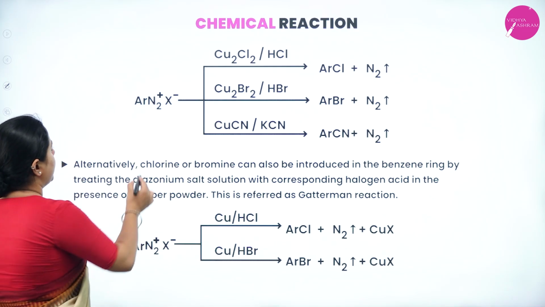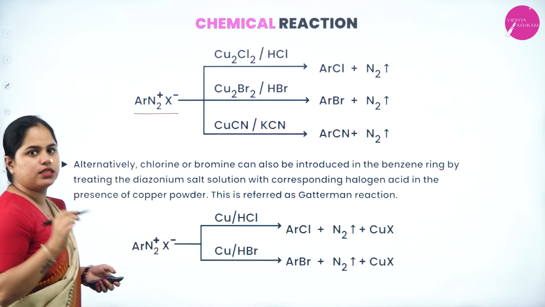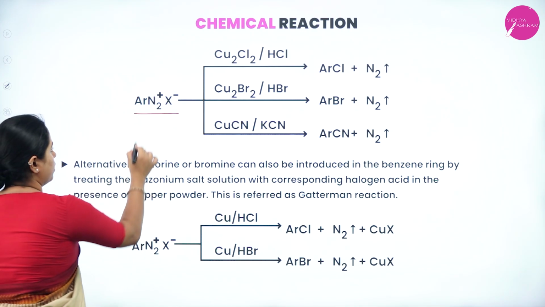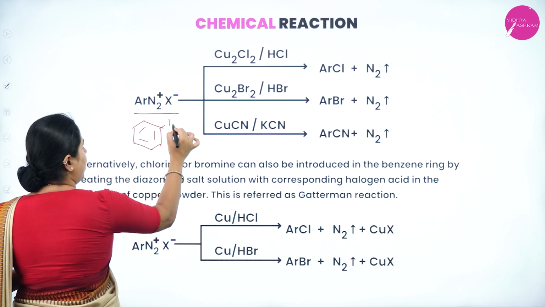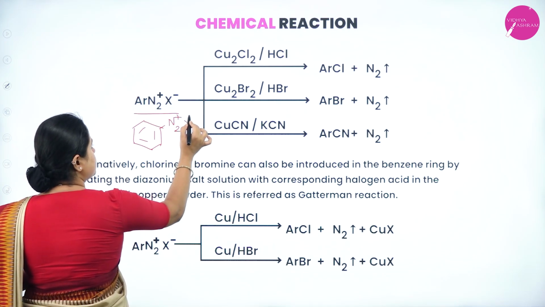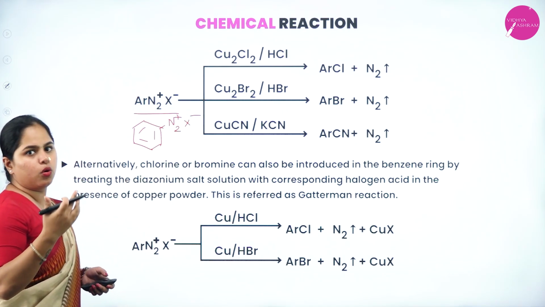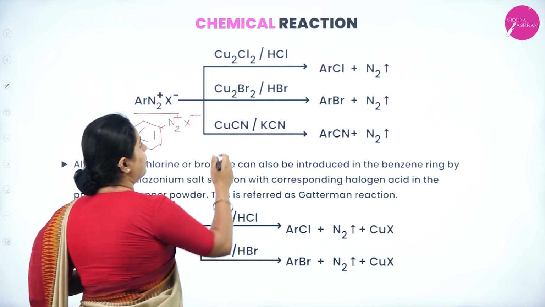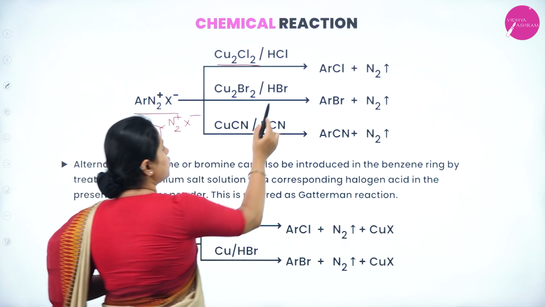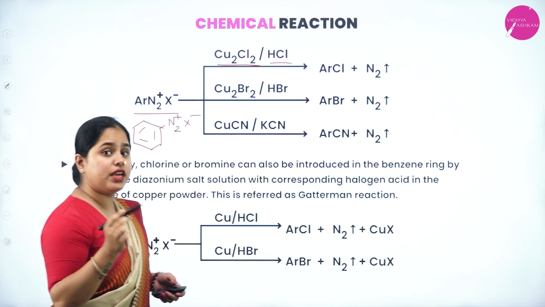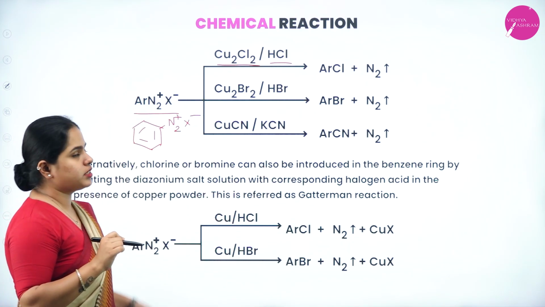So let us see here, ArN2+ X-. This stands for benzene diazonium salt. That is, Ar stands for the aryl group, right? And then you have N2+ and X-. So this X can be chloride, bromide or iodide. So this happens in presence of Cu2Cl2, cuprous chloride, and in presence of any mineral acid, HCl. So we have taken HCl here. So what is going to be substituted here?